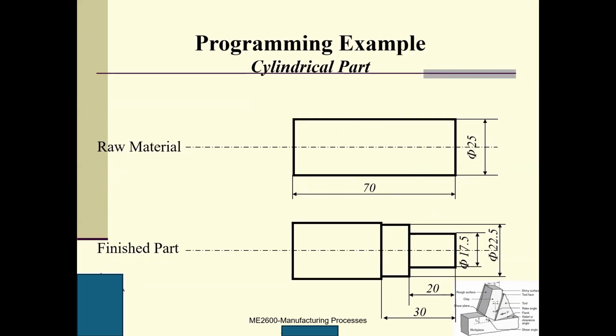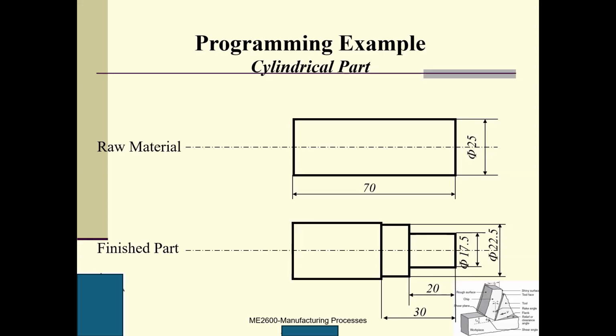So this is my original one, and this is my final one. The smallest diameter is 10.75, and the length of this bar part is 20. The intermediate diameter is 22.5. And from this red end to here is 30. For the remaining part, I do not do anything.